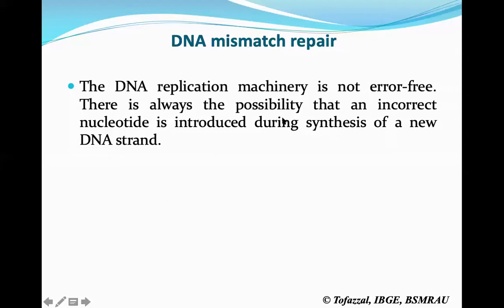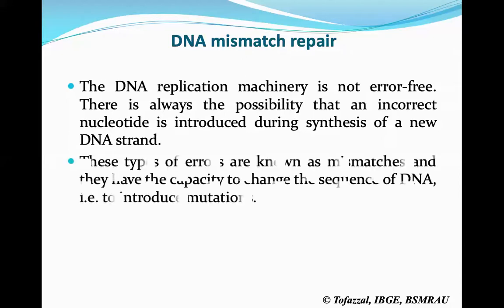There is always the possibility that an incorrect nucleotide is introduced during synthesis of a new DNA strand. That means, not only UV light or carcinogens, even in the natural process of DNA replication before cell division, errors can take place.